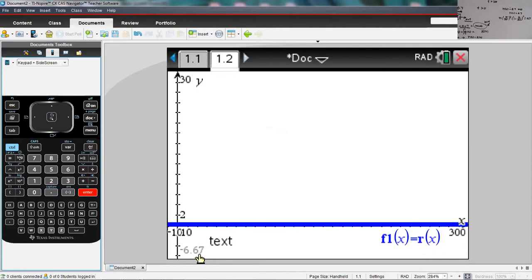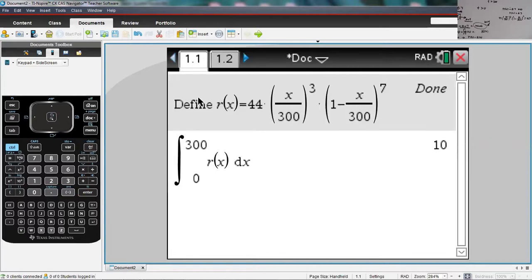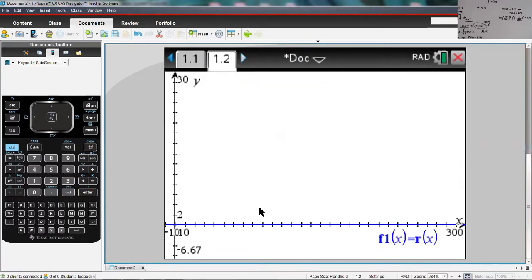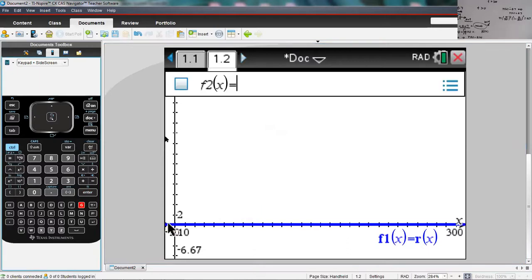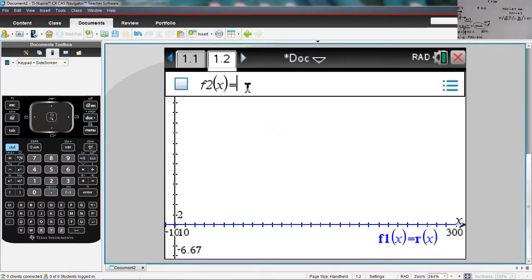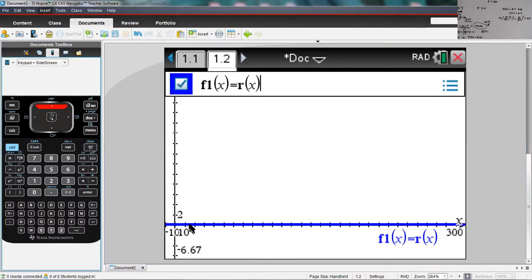Oh, yeah, it's 44. So I put here Control G, let me see. This one. Okay, this is a rate of change, but I forgot to check this one. Out of X, yeah.